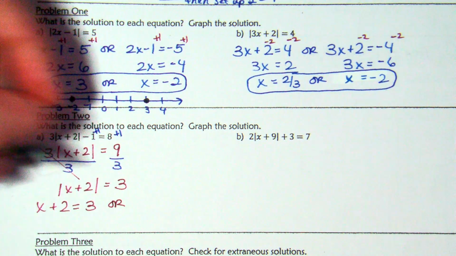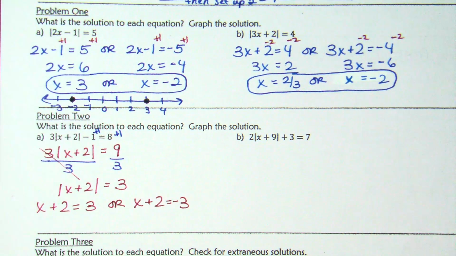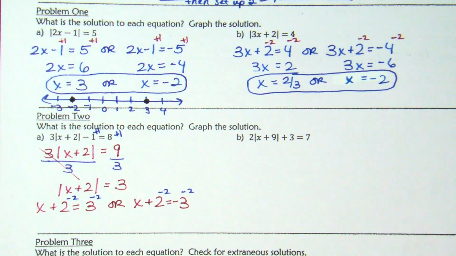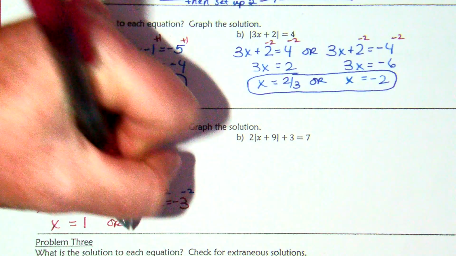How do I solve for x? If it's x plus 2, we're going to subtract 2. x equals 1 or x equals negative 5. So we have solutions of 1 and negative 5.